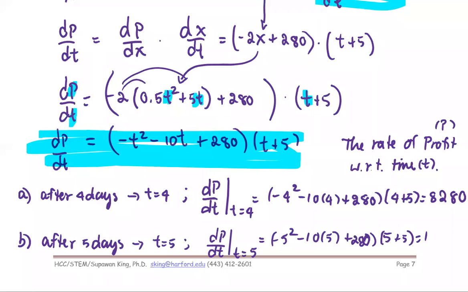We will get 15300. And these two numbers tell us that the profit will be increasing.